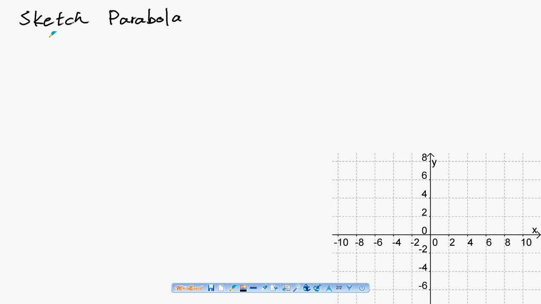Basically, the first thing you have to know is the shape of a parabola, which is this shape. This is the general shape.